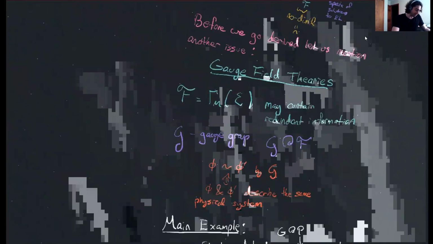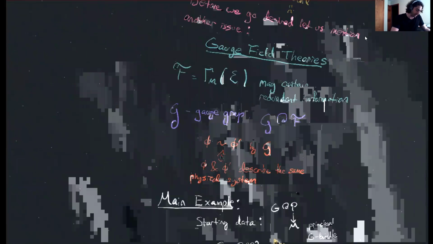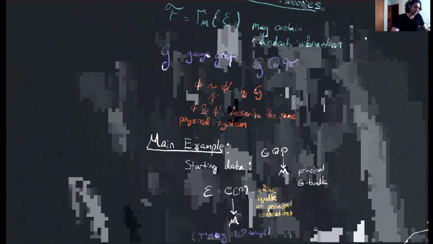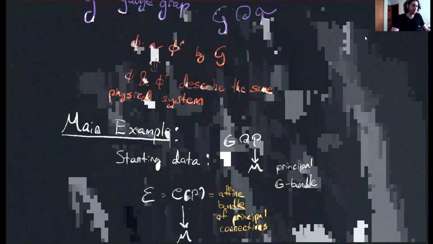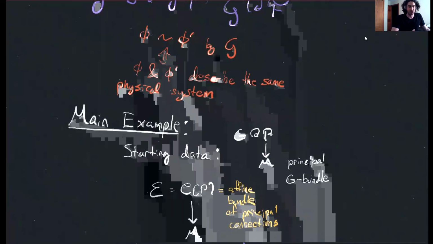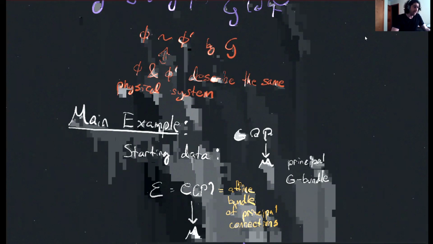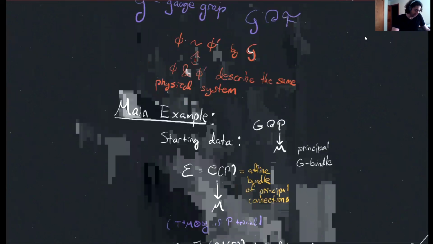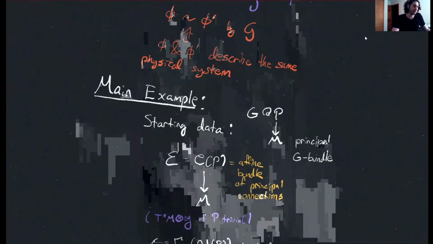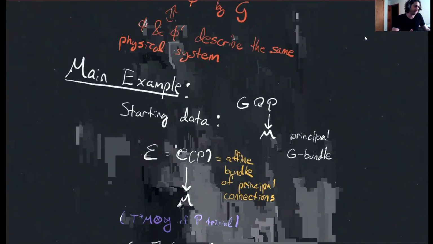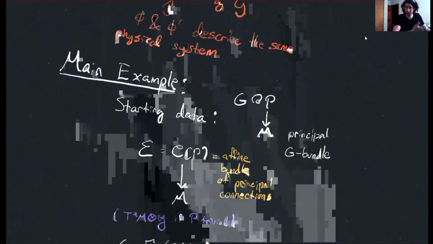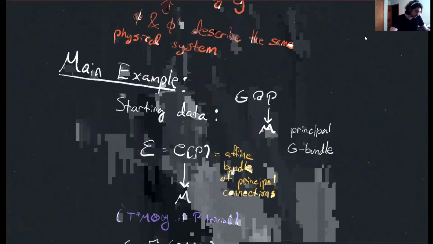The main example comes from just classical gauge theory. We have the starting data of a principal G bundle. Usually it's just a trivial one, but you can do this for an arbitrary one. Then we have the affine bundle of connections, which is just the tensor of the cotangent bundle with g if it's trivial, but in general you have an affine bundle.